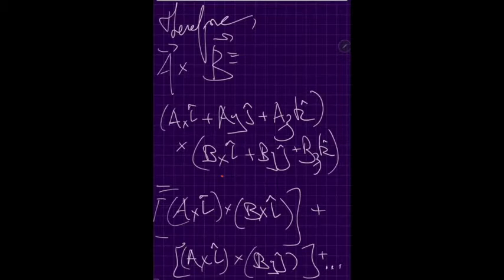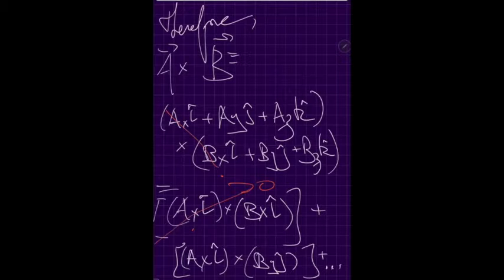If I'm crossing those 2 vectors, I'm going to multiply term by term by term. I'll have 9 terms if we're in 3-dimensional space, and I'm going to see what happens if I go term by term. The first one is ax I hat cross bx I hat. Well, I hat cross I hat is 0, so that first term drops out.